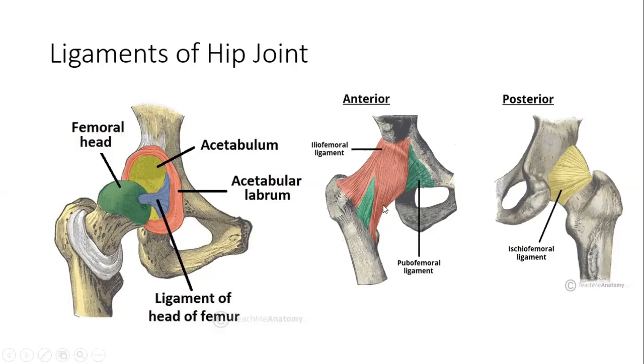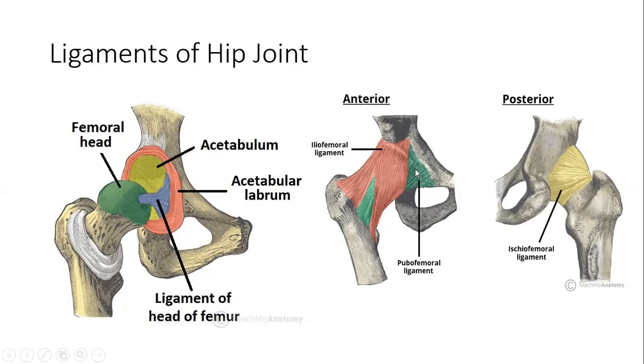It is Y-shaped or triangular shaped with the apex attached over the lower part of the inferior iliac spine, running towards the femur and getting attached over the intertrochanteric line. It limits the extension of the hip joint while in the standing position.